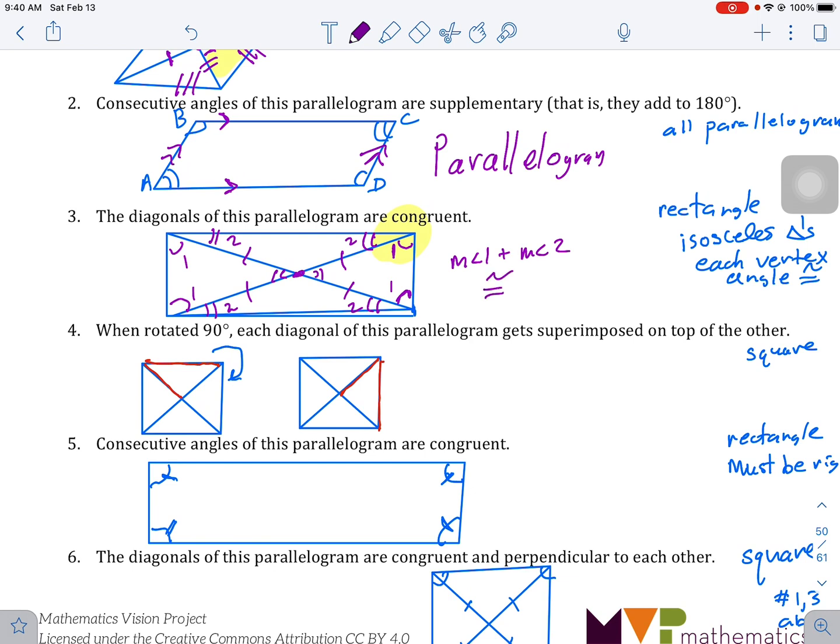And if they're all congruent and all four of them add up to 360 degrees, that means that they're all right angles. And so that is the definition of a rectangle. It's a quadrilateral with four right angles.